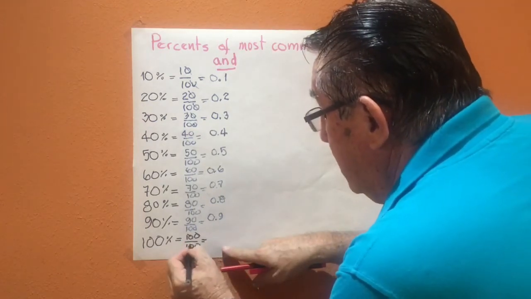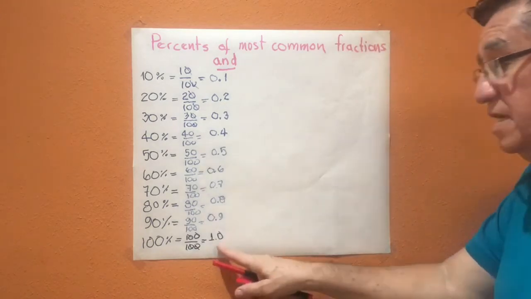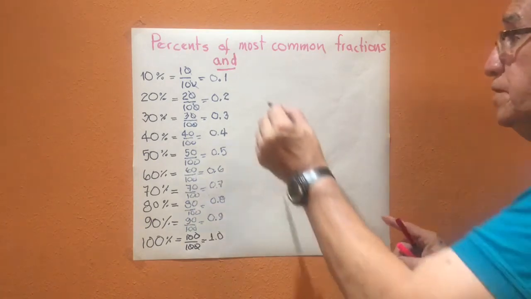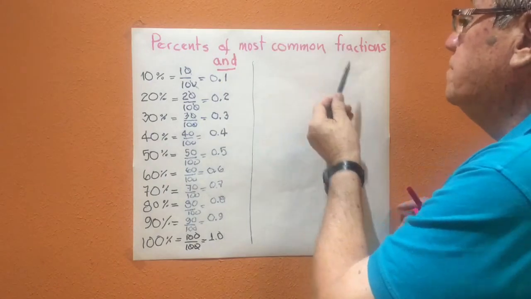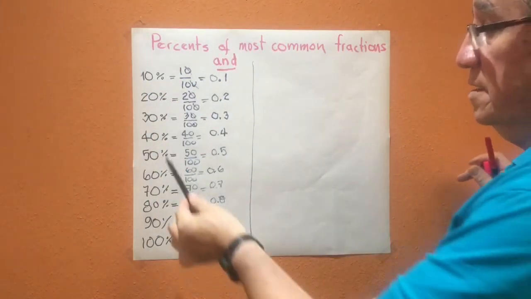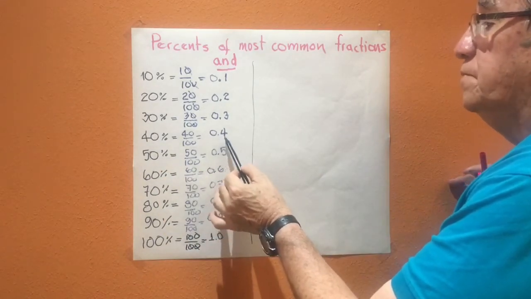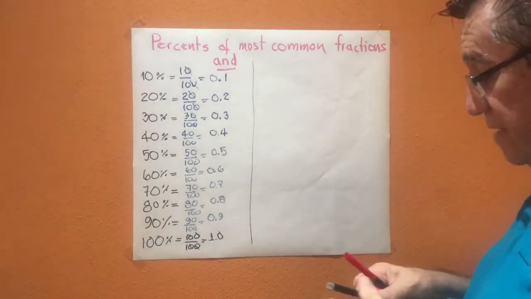This is cancelled out and we will have 1.0, which is the equivalent of 100%. I think this is very clear now for you. These are the most common fractions from percentages. So if they tell you 40%, you actually know that it's going to be 0.4 in decimal form.